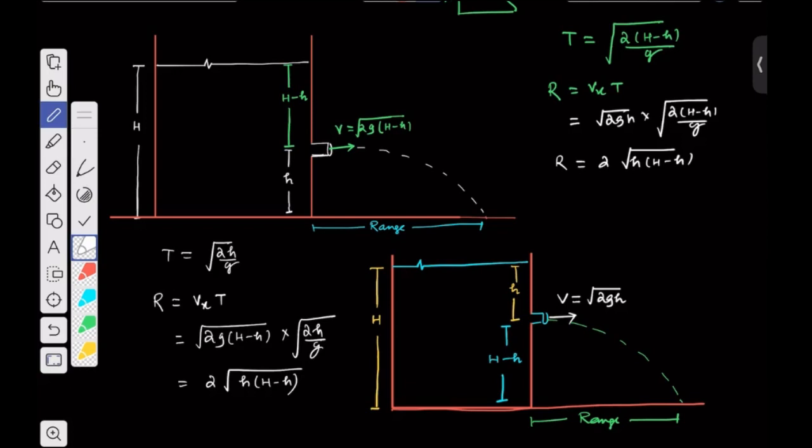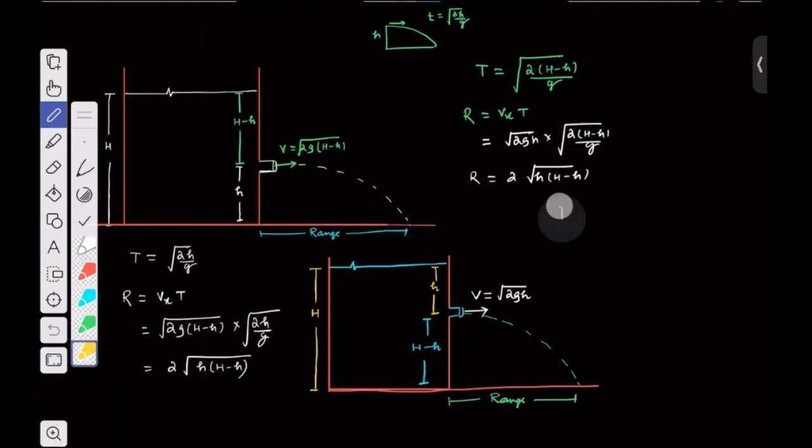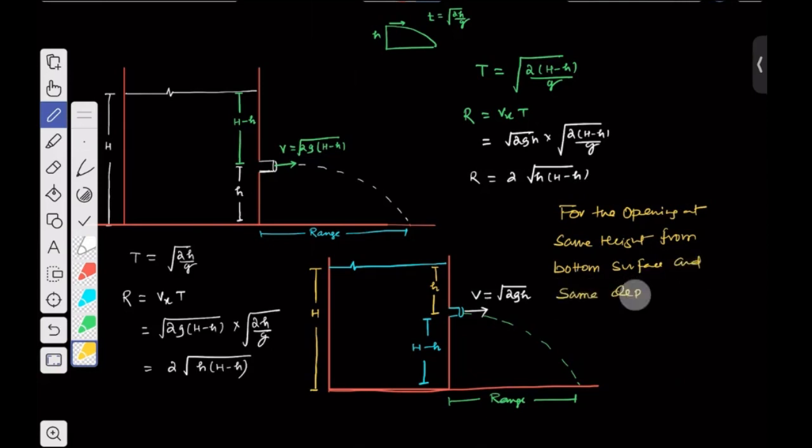Because if you make an opening at 1 meter from the free surface or 1 meter from the bottom surface, both of these two will be having same range. I hope all of you understood this thing.